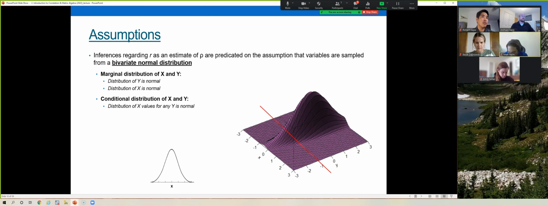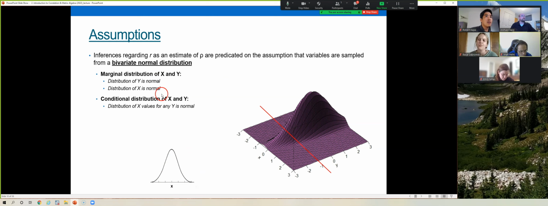And in this mesh graph, if I were to choose y values of -1, and sample all x values that corresponded to a y value of -1, I would still need to see that follow a normal distribution.